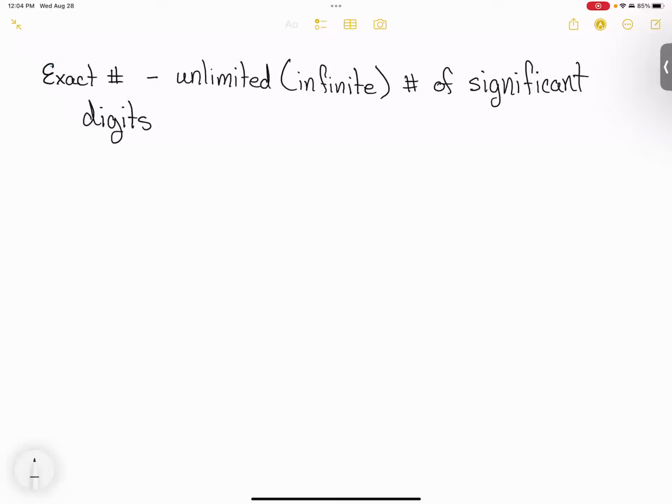So let's discuss what counts as an exact number. An exact number is going to be a counting number. For example, there are 49 of you in my class. That's an exact number because I can't have a half a person. Therefore, that number has an infinite number of significant digits.